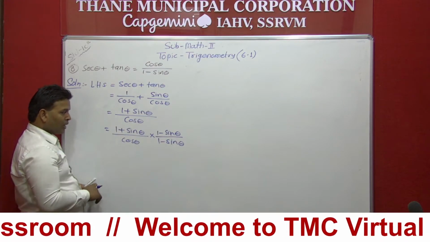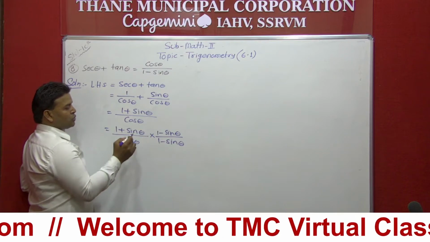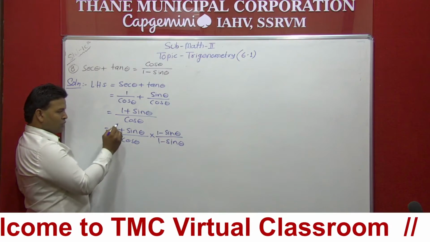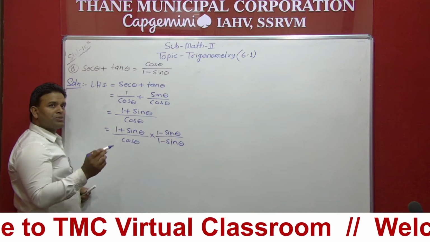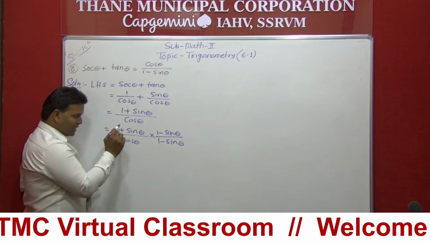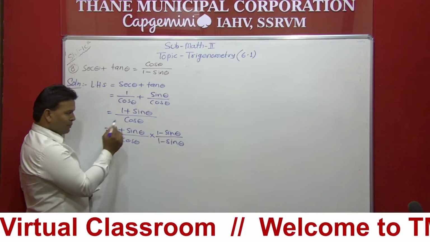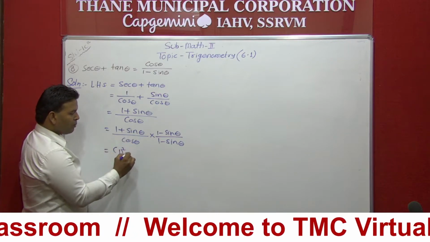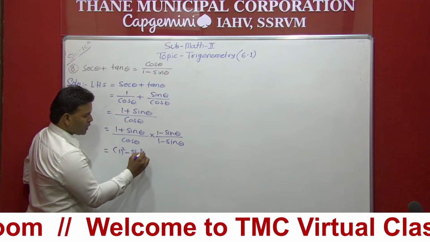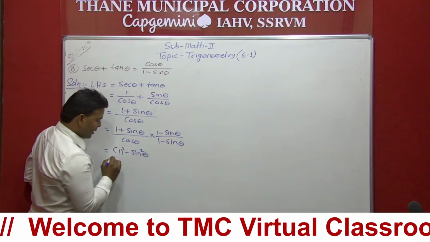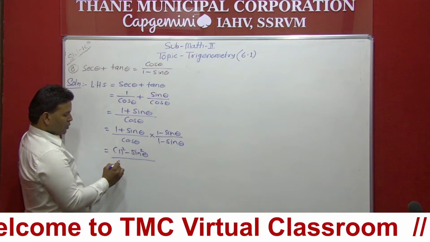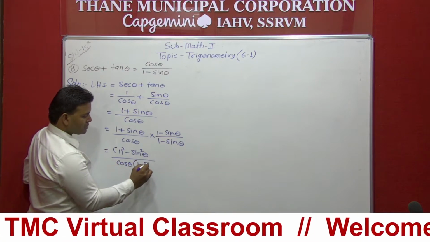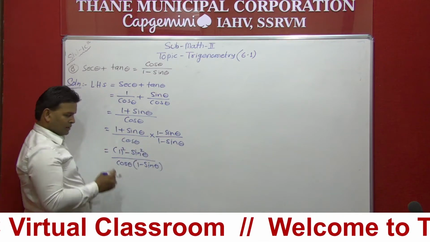So finally we will use the multiplication rule. Here this is going to be multiplied with each other, and these two will also multiply together. So here this will follow the formula a plus b, a minus b. This is 1 plus sin, 1 minus sin. So it will follow like a plus b, a minus b. So here 1 square minus sin square theta upon cos theta bracket 1 minus sin theta.